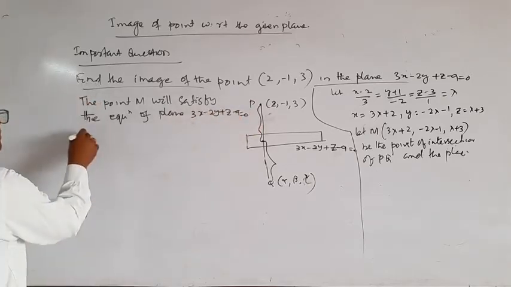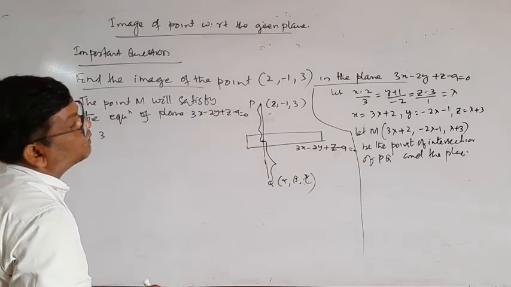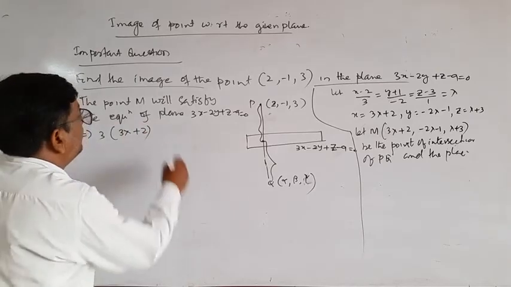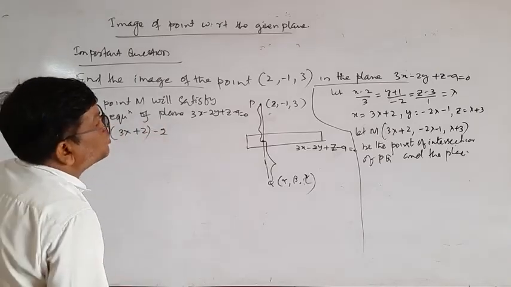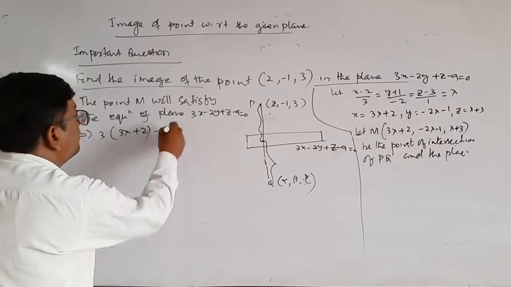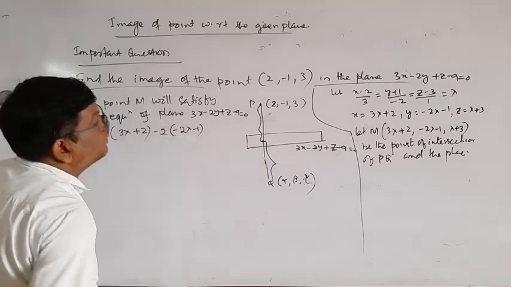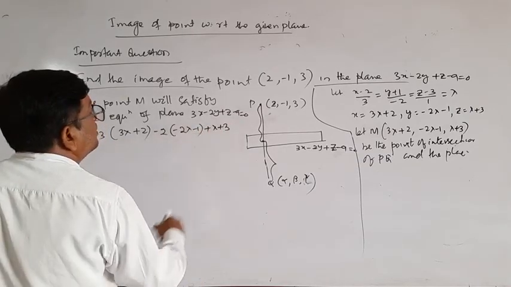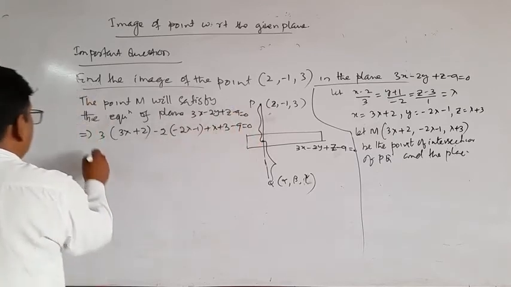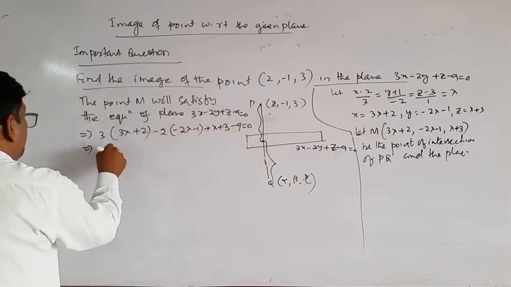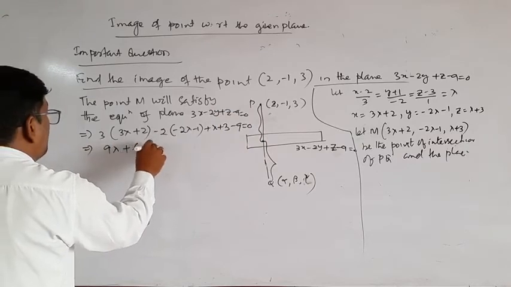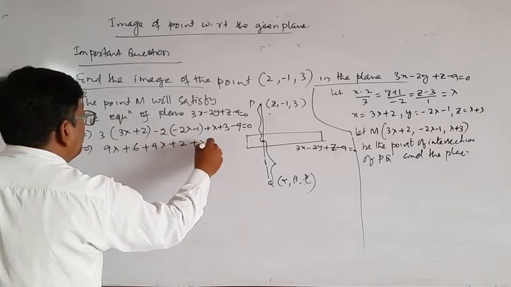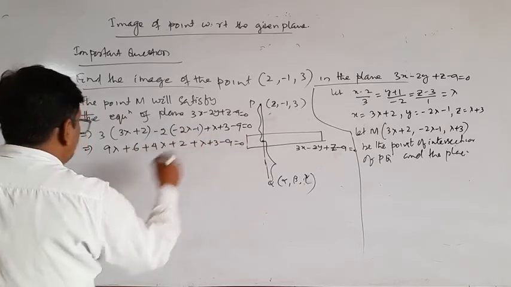That implies 3 into x, which is 3 lambda plus 2, minus 2 into y, which is minus 2 lambda minus 1, plus z, which is lambda plus 3, minus 9 is equal to 0. So this is 9 lambda plus 6 plus 4 lambda plus 2 plus lambda plus 3 minus 9 equals 0.